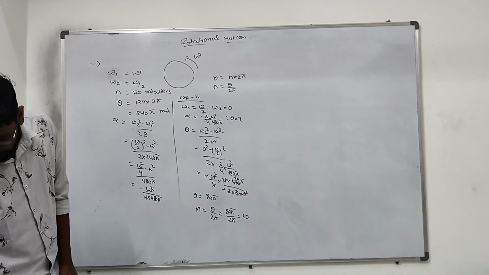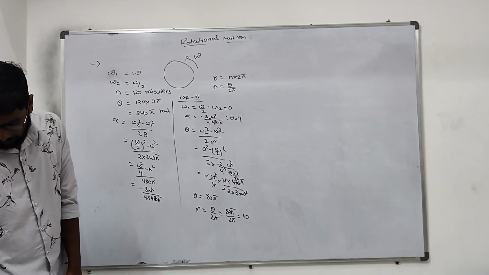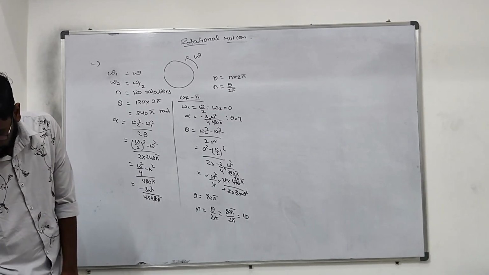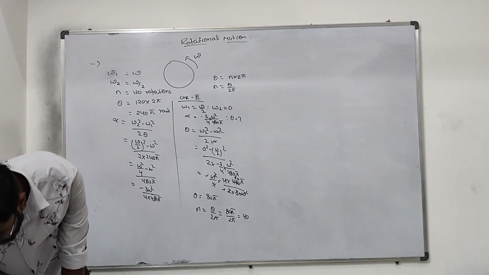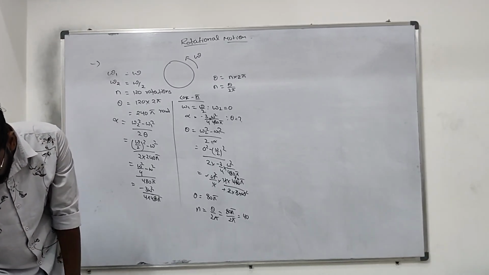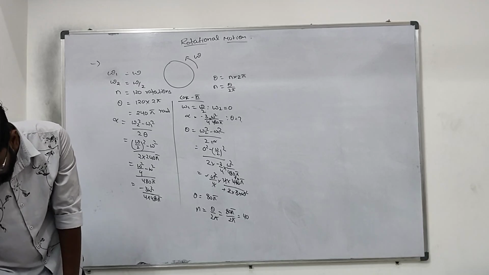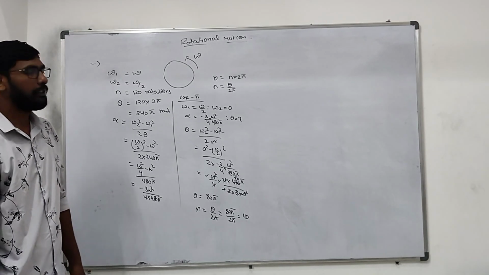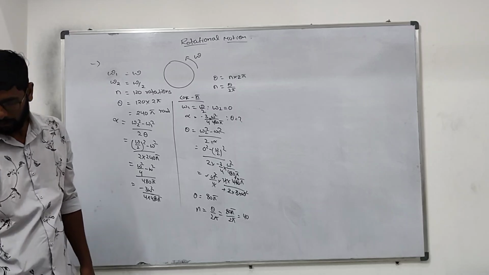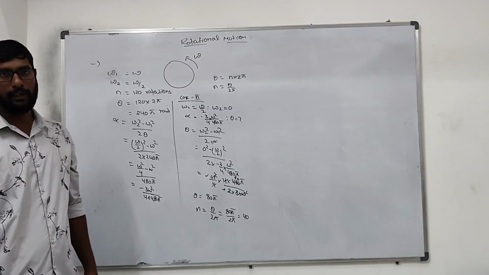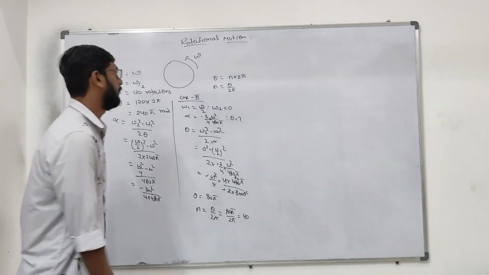One more question they have given: angular displacement of a particle is given by theta equal to t cube plus 2t radian, t in seconds. Find the angular acceleration of the particle after 2 seconds. So they have given angular displacement as a function of time, and we need angular acceleration at 2 seconds. So what will you do?